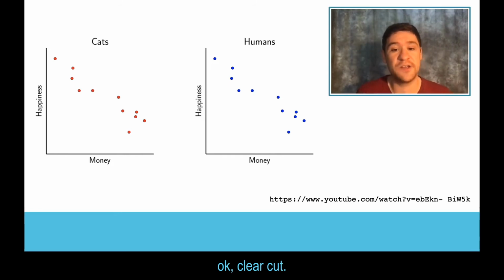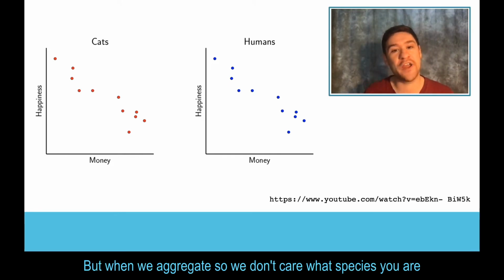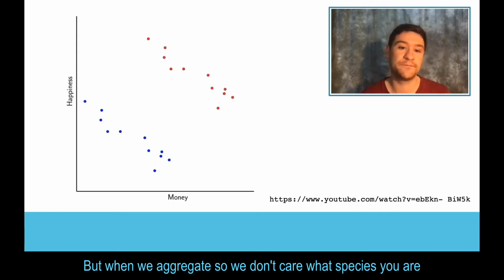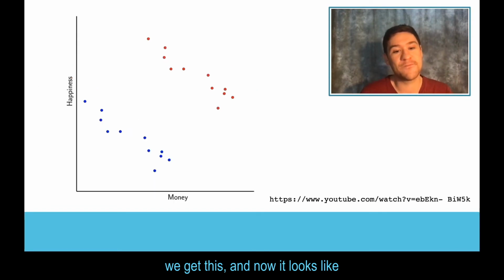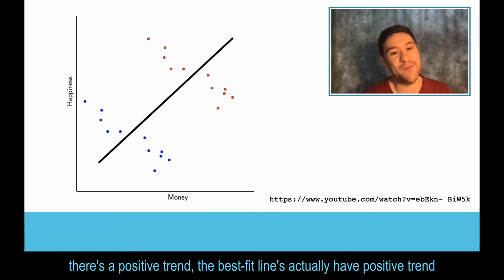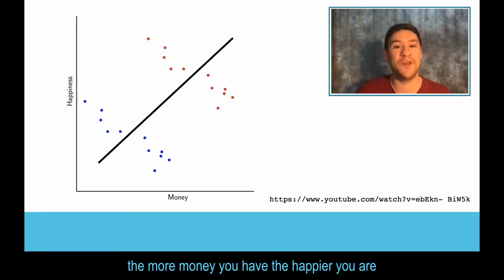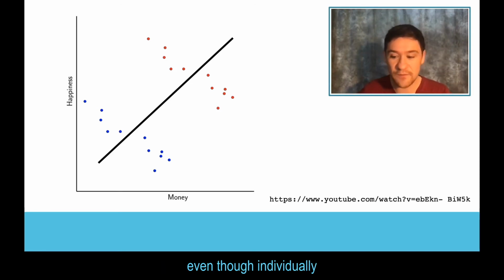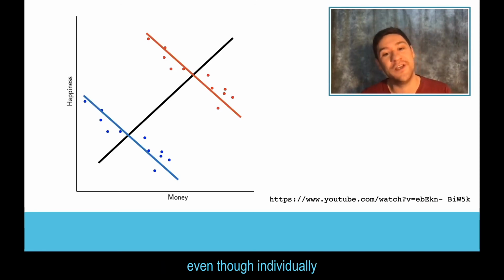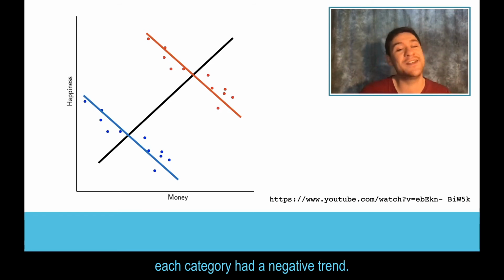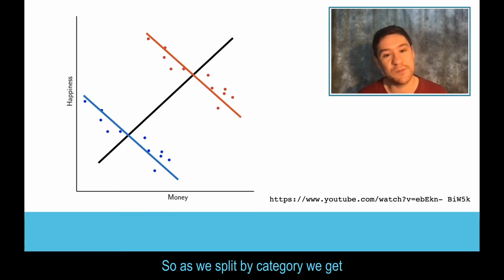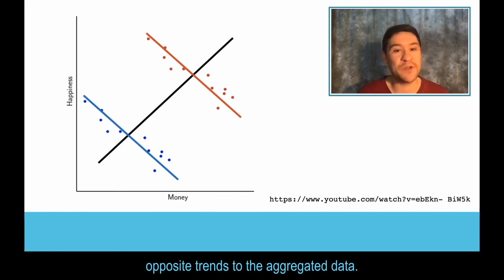Okay, clear cut. But when we aggregate, so we don't care what species you are, we get this. Now it looks like there's a positive trend. The best fit line is actually a positive trend. The more money you have, the happier you are, even though individually each category had a negative trend. So as we split by category, we get opposite trends to the aggregated data.